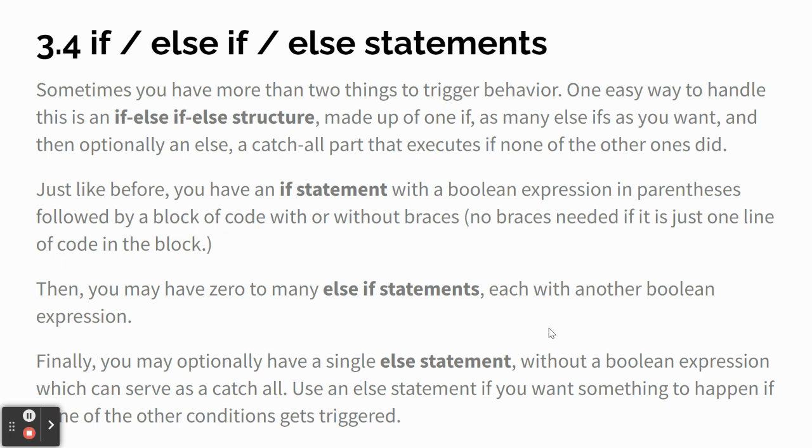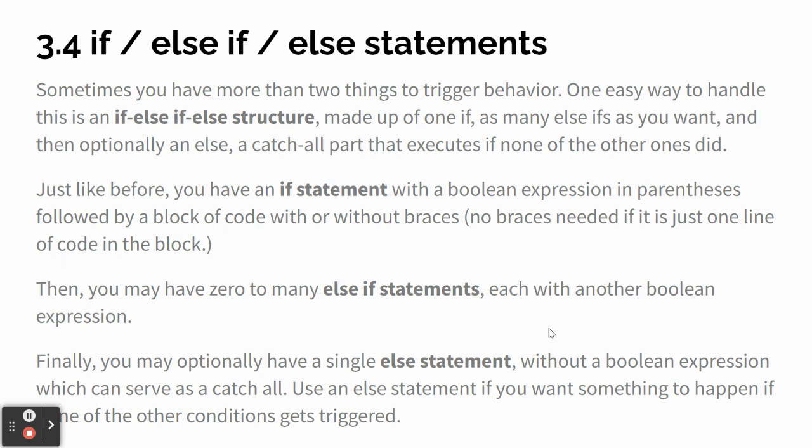Then you can have no else if statements or as many as you want, and each one has another Boolean expression. And then finally, you can have an else statement or not. So lots of flexibility.